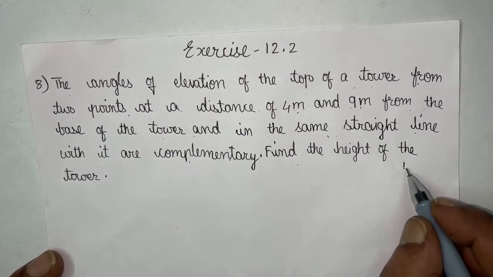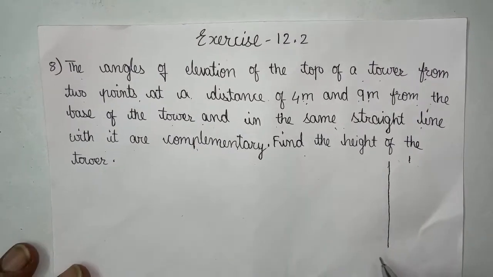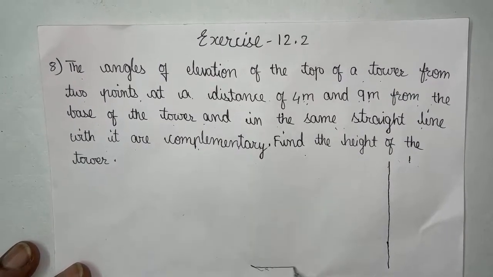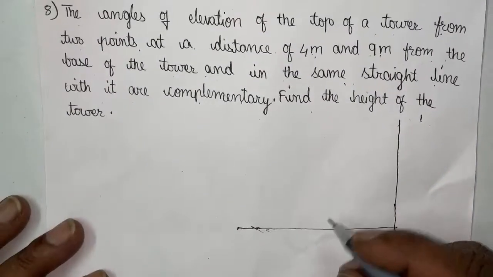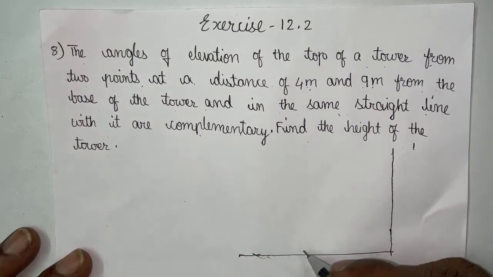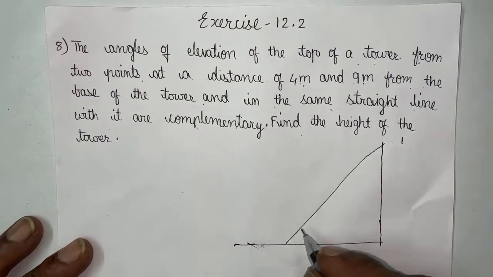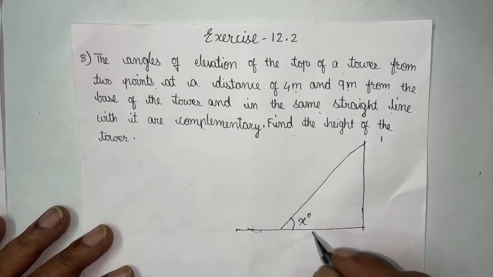First of all we will draw one picture here. This is the tower height, and then two observation points. At the first observation point we don't know the angle, so let it be x degrees.